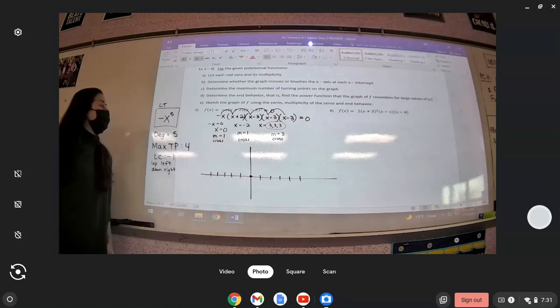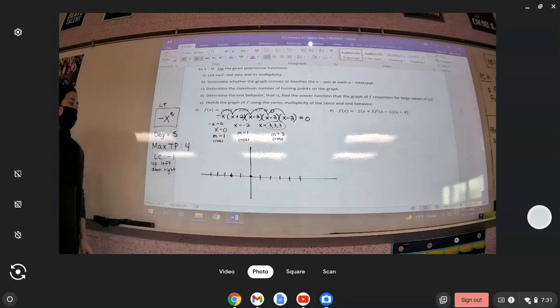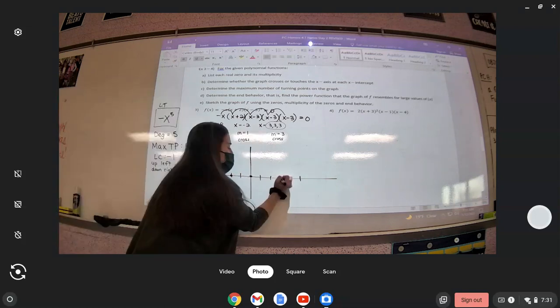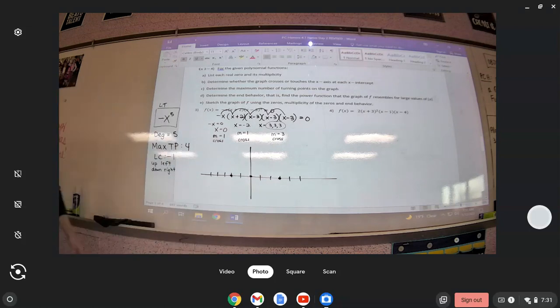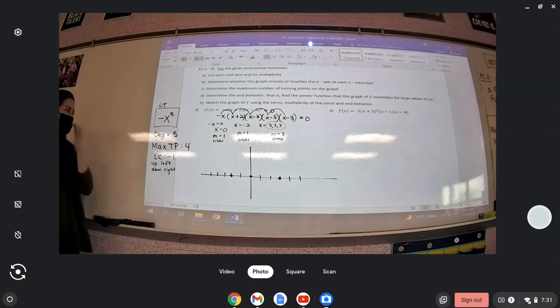Put an x-intercept at 0. We had an x-intercept at -2. Put an x-intercept at -2, and we had an x-intercept at 3. Put an x-intercept there. Those are the only 3 spots where your graph is allowed to touch or cross over the x-axis. Nowhere else was there an x-intercept. So your graph should not touch or go near the x-axis anywhere else.